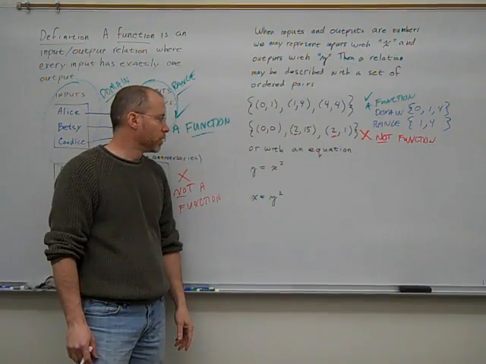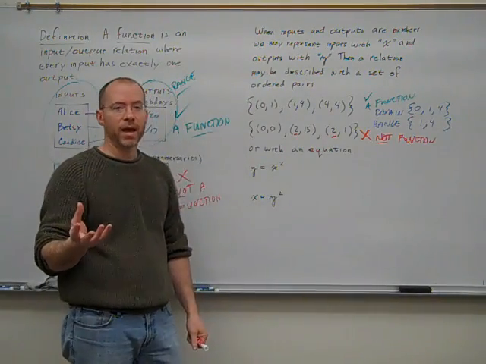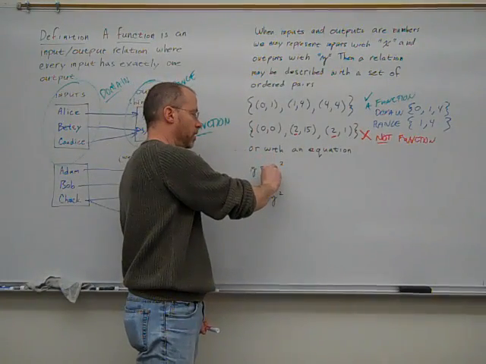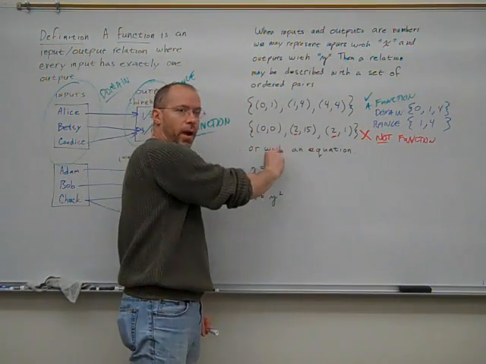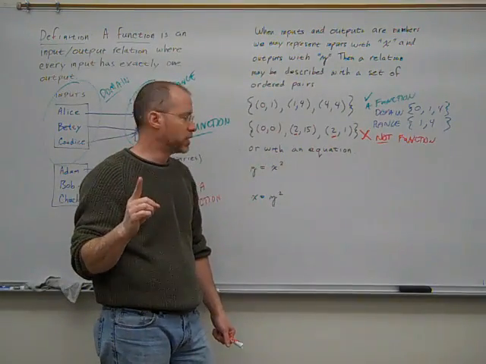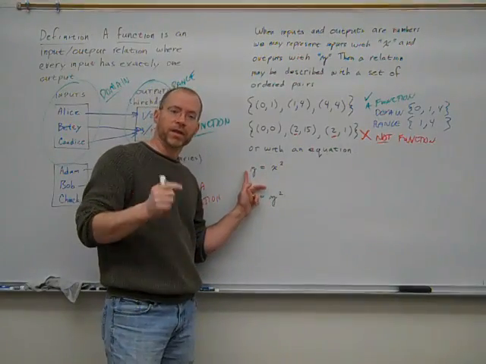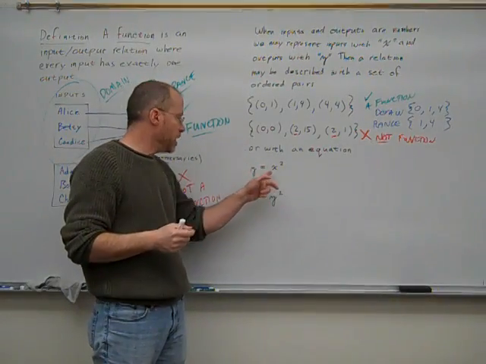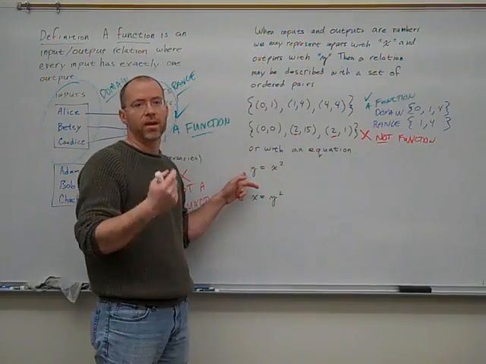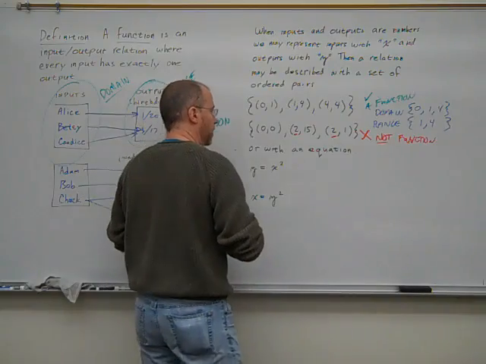It's a little bit trickier with an equation, but basically the question is, if I take a value of x, input into this equation, I'll square it, I'll get one unique number, which is the square of the input x, and that will define y in a very explicit way, so that for any given real number that I square, there's only one value that results from that operation. So this is definitely a function.